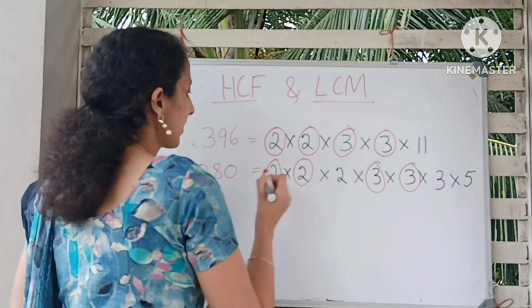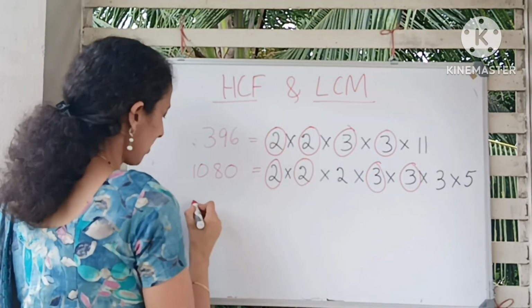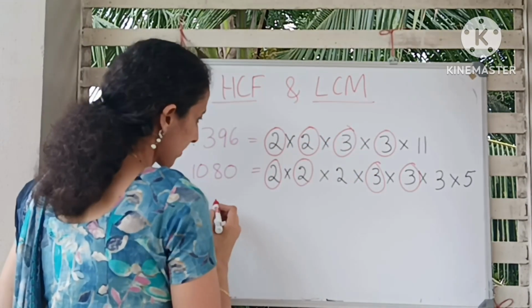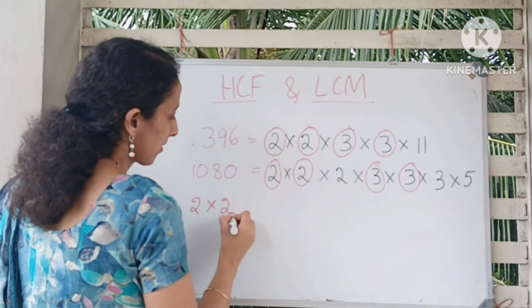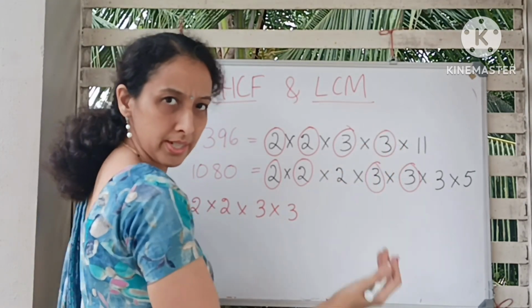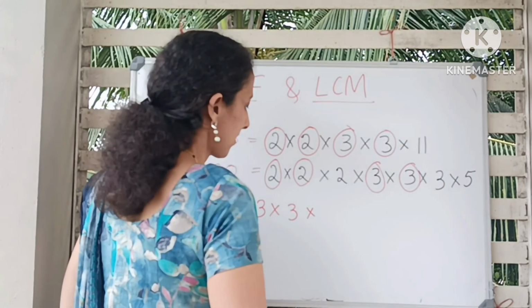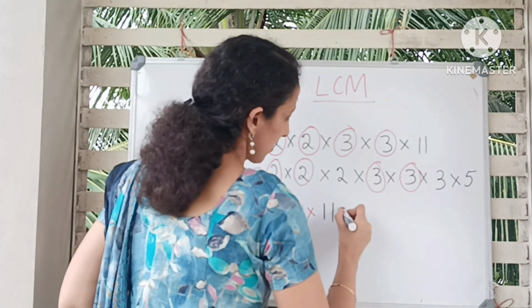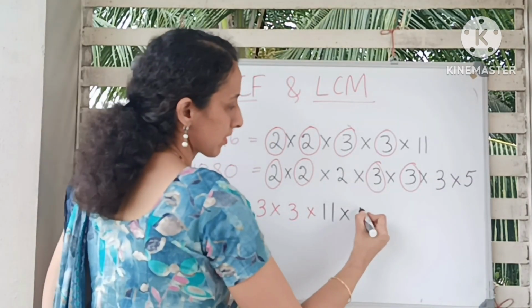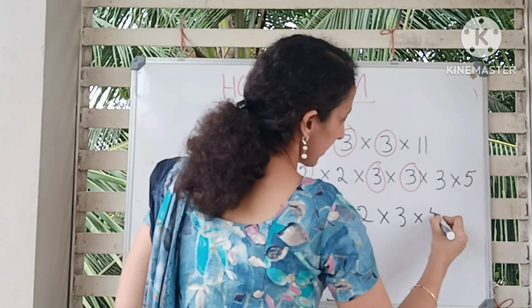We found that HCF is given by all the common factors. Now let's write the common factors once: 2 into 2 into 3 into 3. Then whatever is left, in this case 11 is left, and in this case 2 is left, and here 3 is left and 5 is left.